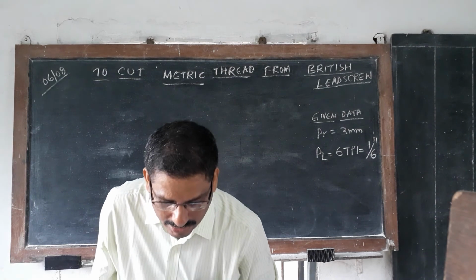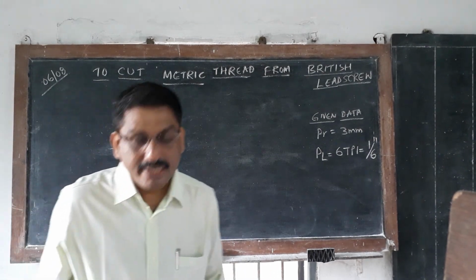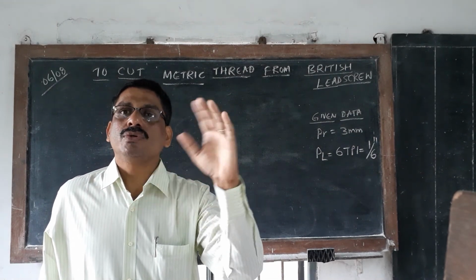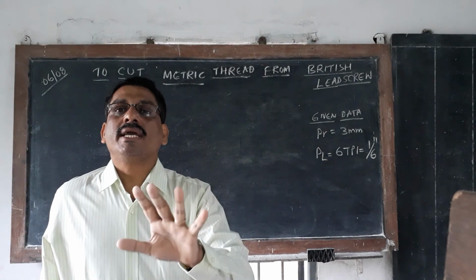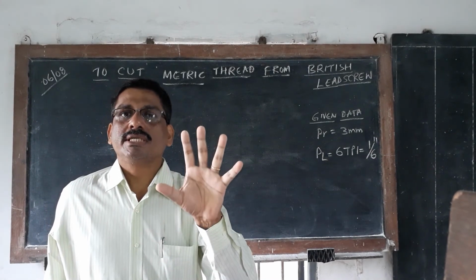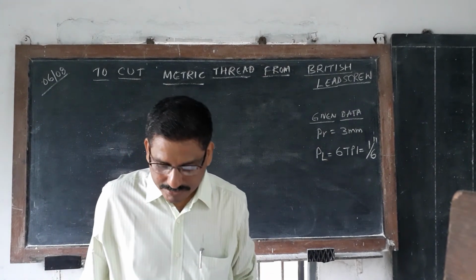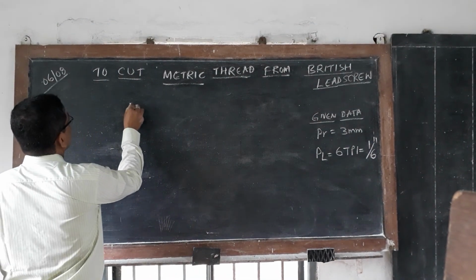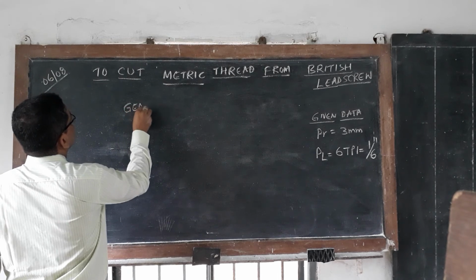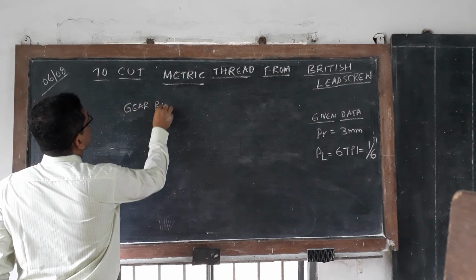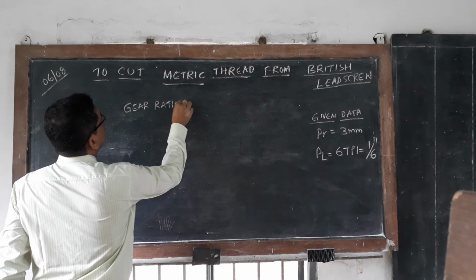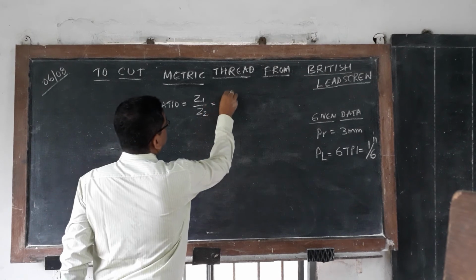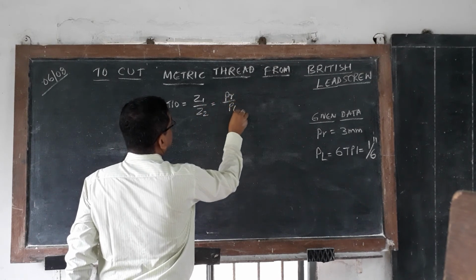So now we'll compute the gear. Here also the same thing. When you do the conversion from British to metric, almost it is coming as a compound gear train. So now we will write the gear ratio: Z1 by Z2 is equal to pitch required divided by pitch of the lead screw.